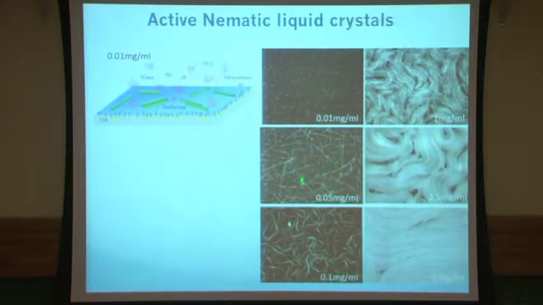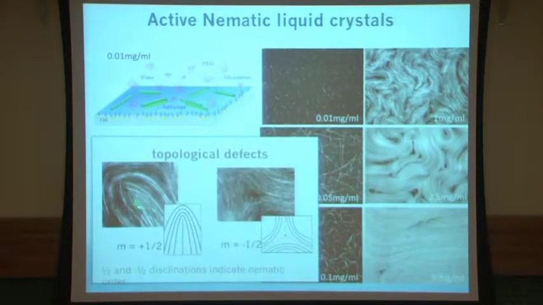At intermediate concentration you get bundles, and these bundles grow in thickness as I increase the concentration, and eventually you get something that really looks like a nematic liquid crystal, right? This is a dense array of bundles, and here I have topological defects of -1/2 and +1/2.